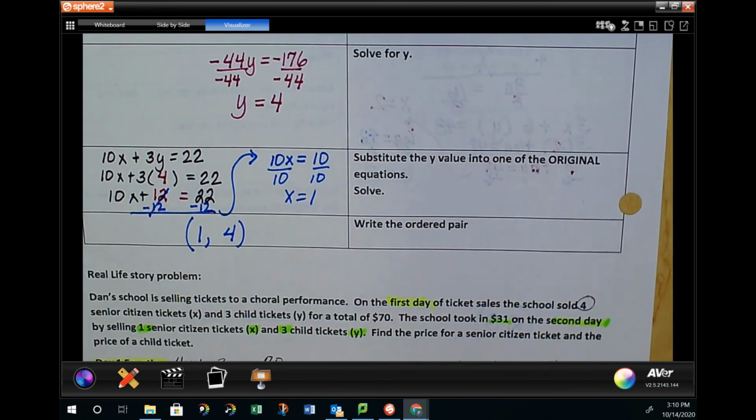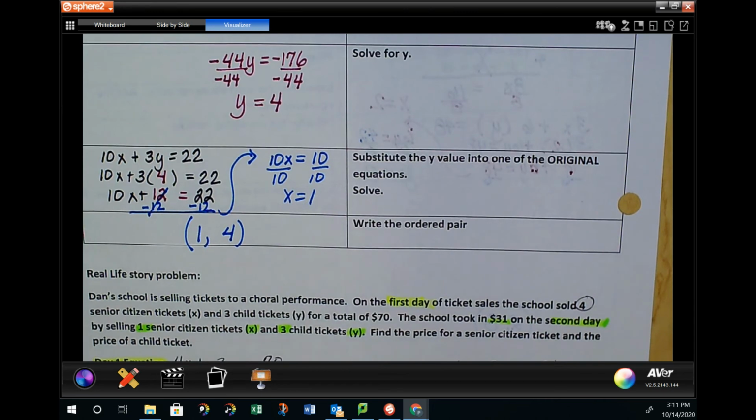Then I distribute this -1 to everything, so -1 times 1 is -1x, -1 times 3y is -3y, and -1 times 31 is -31.